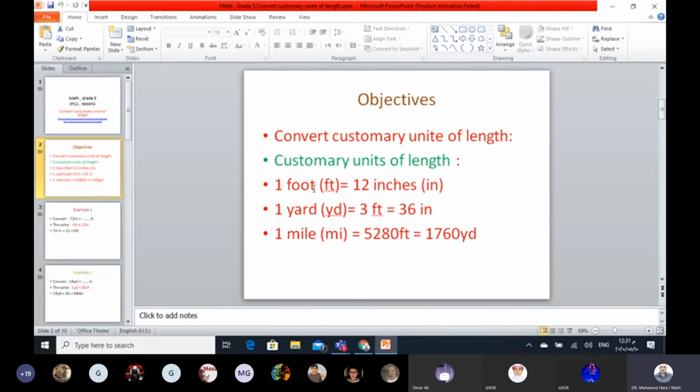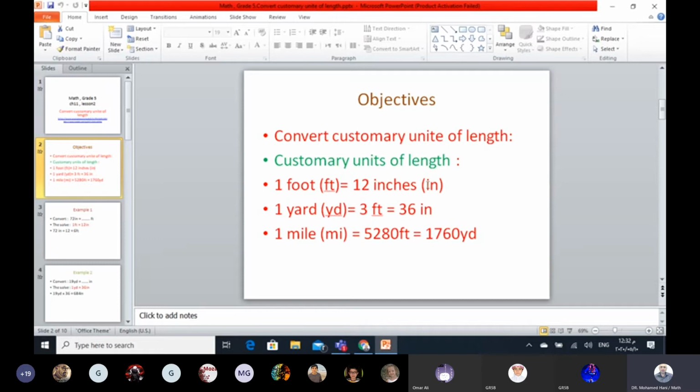So, foot is one of the customary units of length. The symbol of foot is ft. So 1 foot equals 12 inches. The symbol of inches is in. In means inches. So when you see ft, it means we have foot.